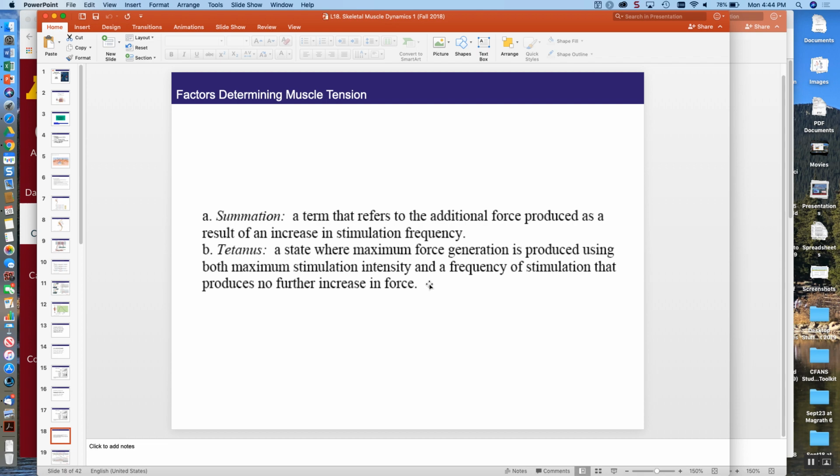Summation is a term that refers to the additional force produced as a result of an increase in stimulation frequency, firing rate. And tetanus is a state where maximum force generation is produced using both maximum stimulus intensity and a frequency of stimulation that produces no further increase in force.